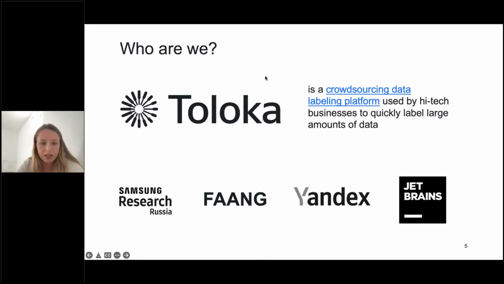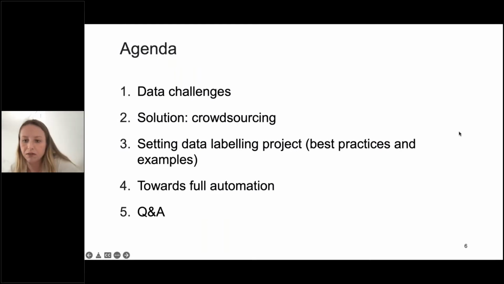So let's have a look at the agenda for today. So at the beginning, we will spend some time talking about different challenges connected to data. Then we will explore a bit more what crowdsourcing is and how it can help us with both challenges.